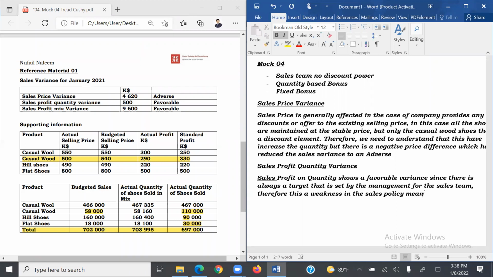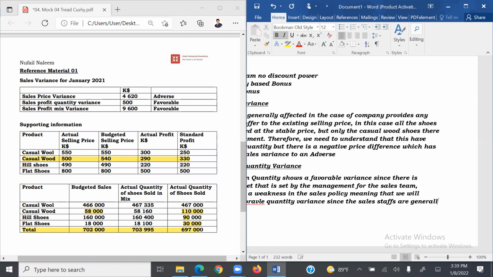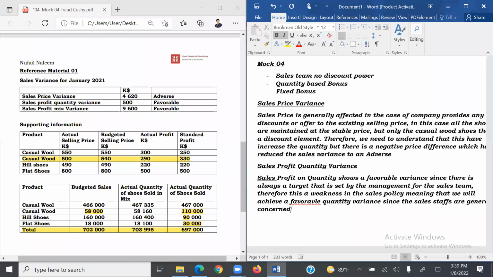Meaning that we will always achieve a favorable quantity variance, since the sales staff are generally concerned about increasing their targets.